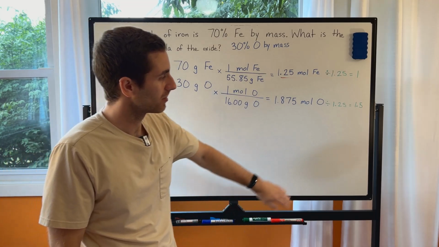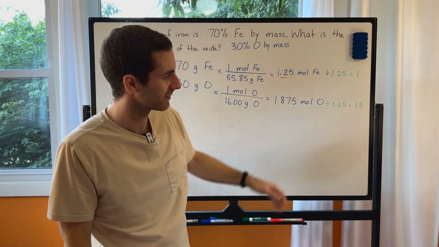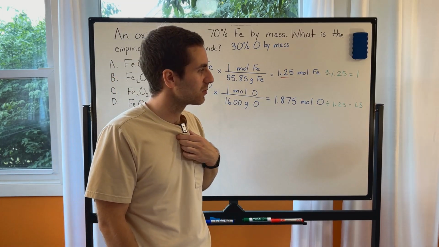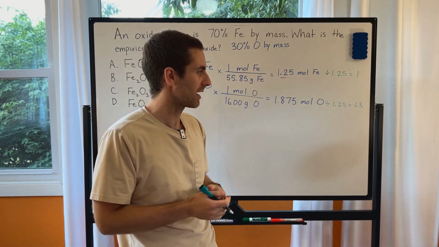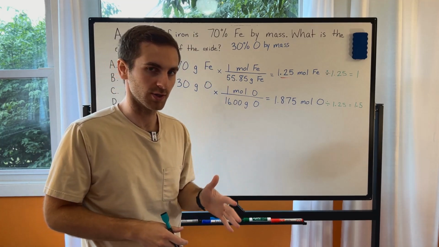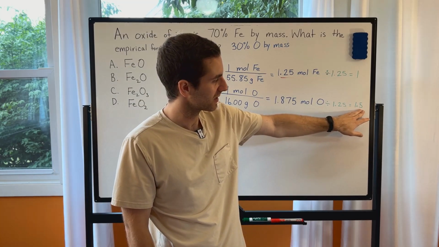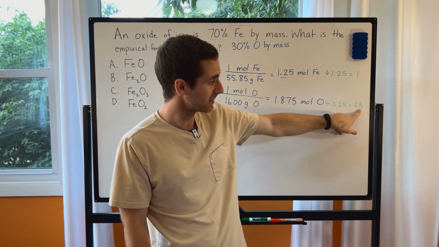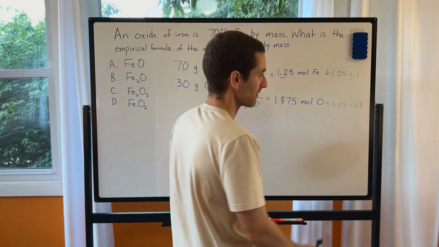But 1.5, you can't round that to 2, and you can't round it to 1. That's not close enough. You should generally be within 0.05 of the nearest whole number to round to it, maybe 0.10. But this is not nearly close enough to either 1 or 2 to round, but it is basically a clean fraction. This is 1.5.